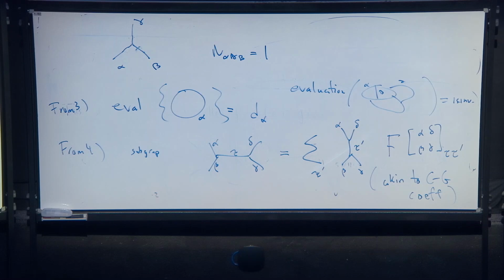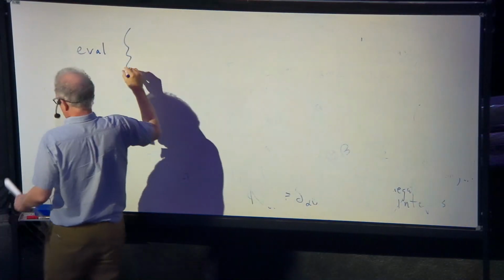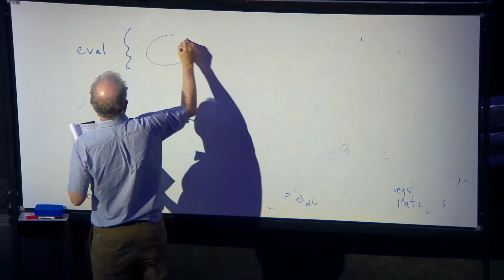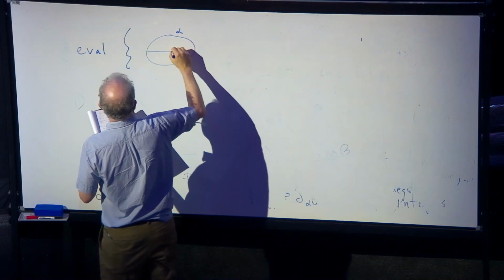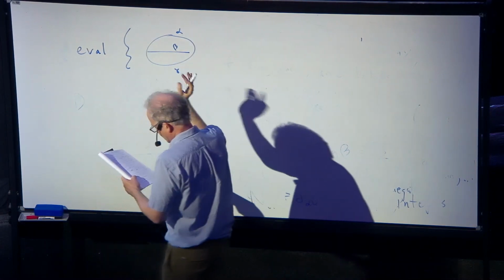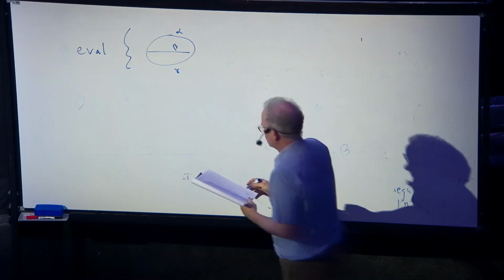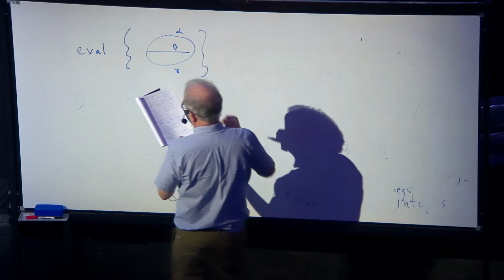Okay, so let me do an example to illustrate that last point there. So in other words, say I want to evaluate a graph that looks like this. So we'll go alpha, beta, gamma, such that n alpha, beta, gamma is not vanishing. So I can evaluate that.